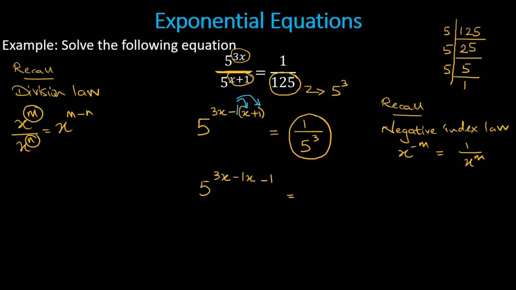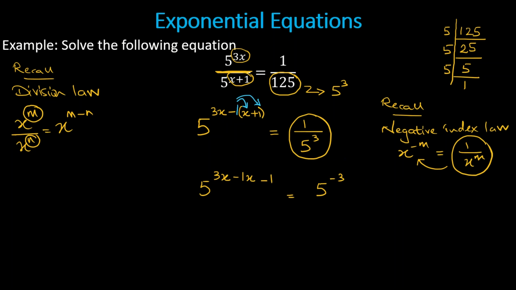So in this case we are here, you see 1 over 5 to the power of 3, it is in this form, right? So we need to revert back. So 1 over 5 to the power of 3 is simply 5 to the power of negative 3.